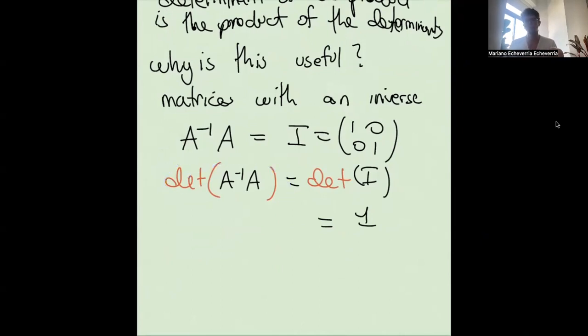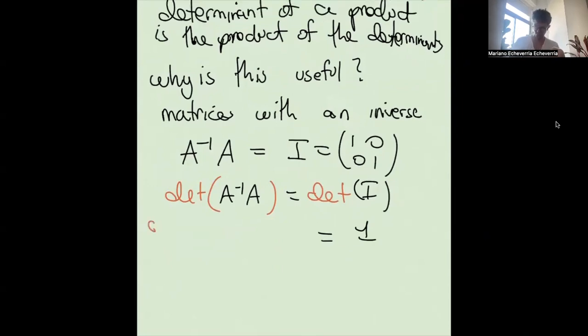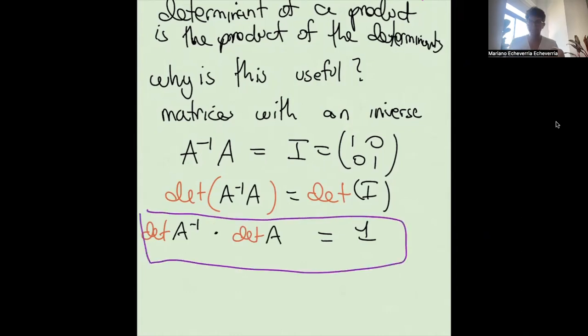Well, it is the product of the determinants, right? Is that making sense? So what this is saying is that if A has an inverse, the determinant of A cannot be 0 because if the determinant were 0, it's impossible to satisfy this equation.